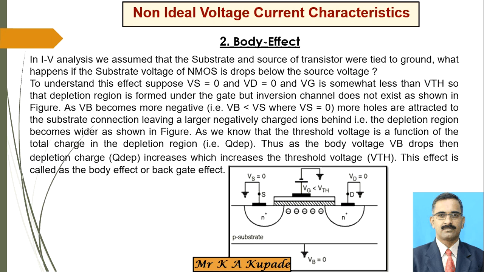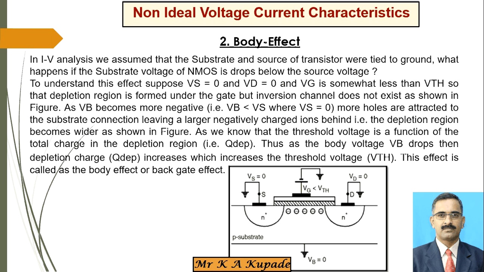Now VB is 0, but it is not more negative; that is the first case. Now as VB becomes more negative, that means it is much less than Vs, which is equal to 0, more holes are attracted to the substrate connection, leaving larger negatively charged ions behind.